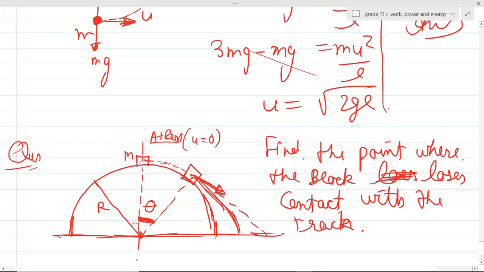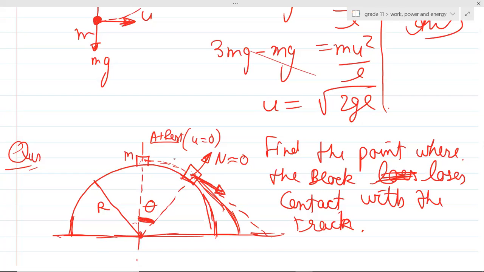Please remember, whenever I say it loses contact, the normal reaction at the point where it loses contact will be how much? 0. Wherever it loses contact, the normal reaction between the two forces becomes 0. So set the normal reaction to 0. But for that, draw the free body diagram, apply the work energy theorem, and you will get your final answer.